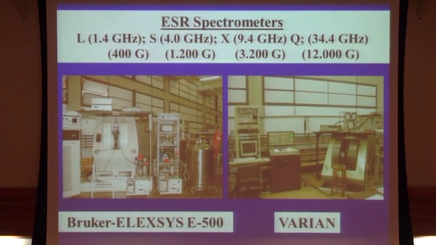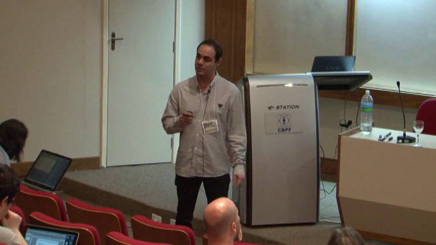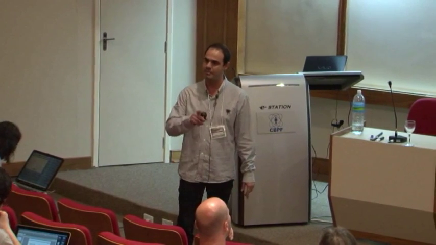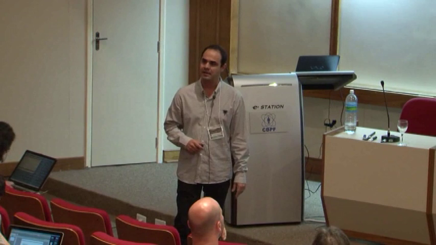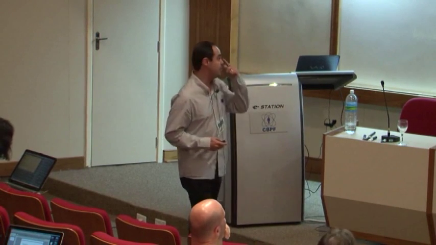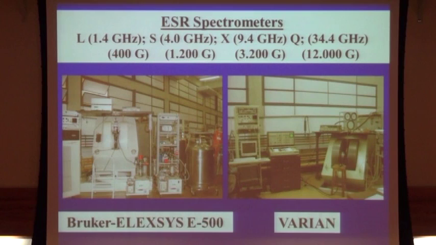How many of you have an electron spin resonance spectrometer in your lab? How many of you have heard about electron spin resonance? Okay, that's better. We can do that also in our lab. And now, recently, we got funding to have an NMR laboratory also there. So we're going to have ESR and NMR in the same lab together with all the other techniques.